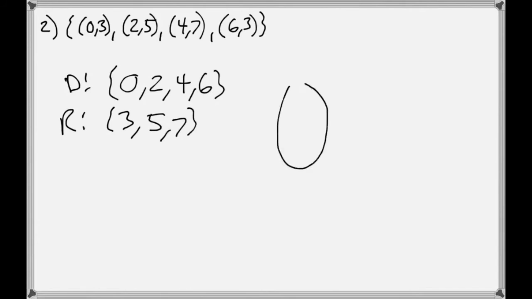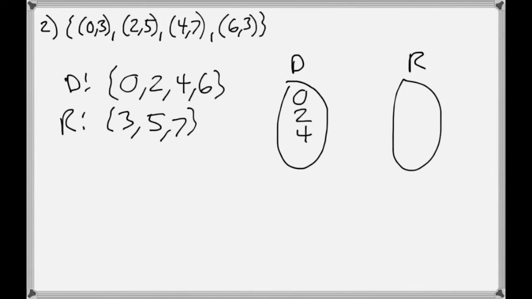So if I create my mapping, 0, 2, 4, and 6, 3, 5, and 7. 0 gets mapped to 3, 2 gets mapped to 5, 4 gets mapped to 7, and 6 gets mapped to 3.